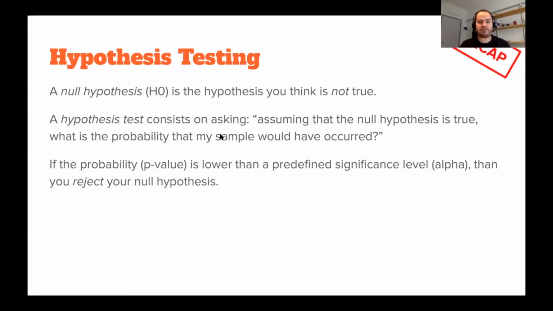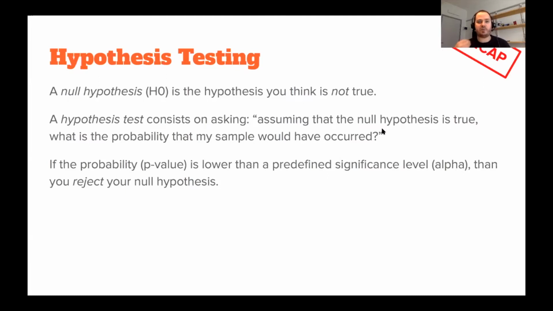Given that the null hypothesis is true, if I build a confidence interval not around my sample, but around the assumed hypothesis, let's just build this imaginary confidence interval around the actual null hypothesis. What is the probability that my sample mean would have occurred?